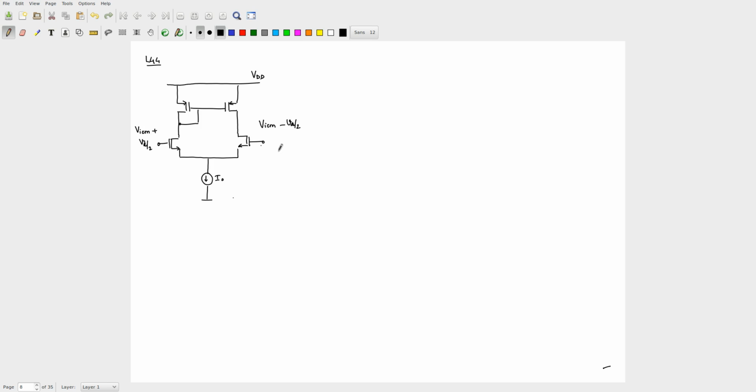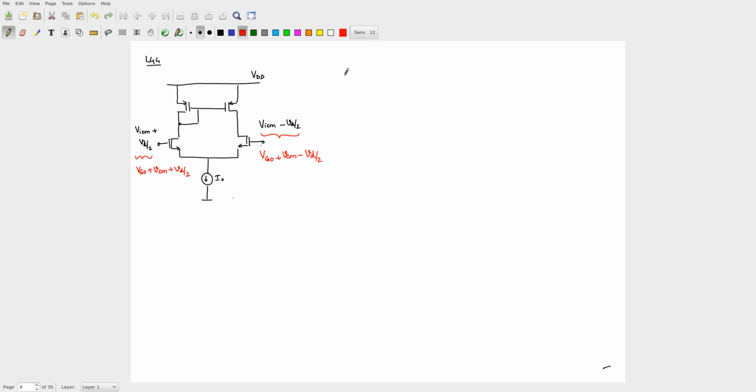This is the total voltage. This can be written as VG0, which was the bias voltage, plus VCM plus Vd by 2, and this can be written as VG0 plus VCM minus Vd by 2.